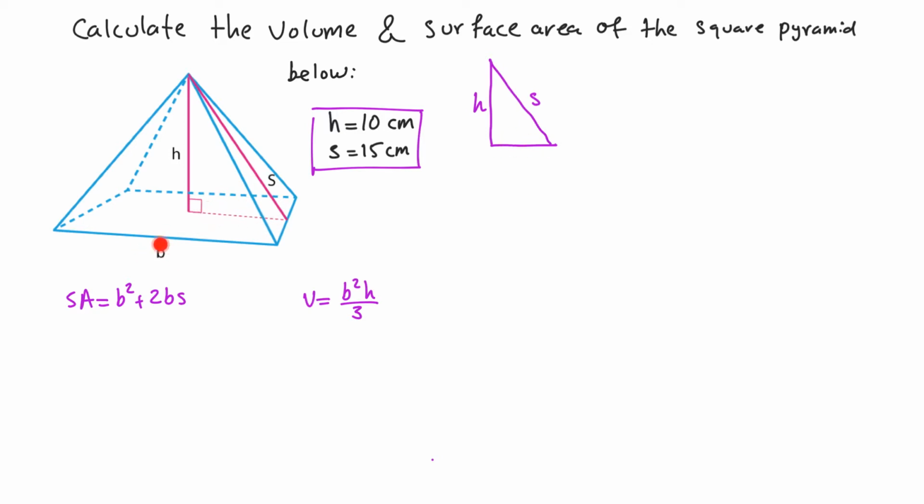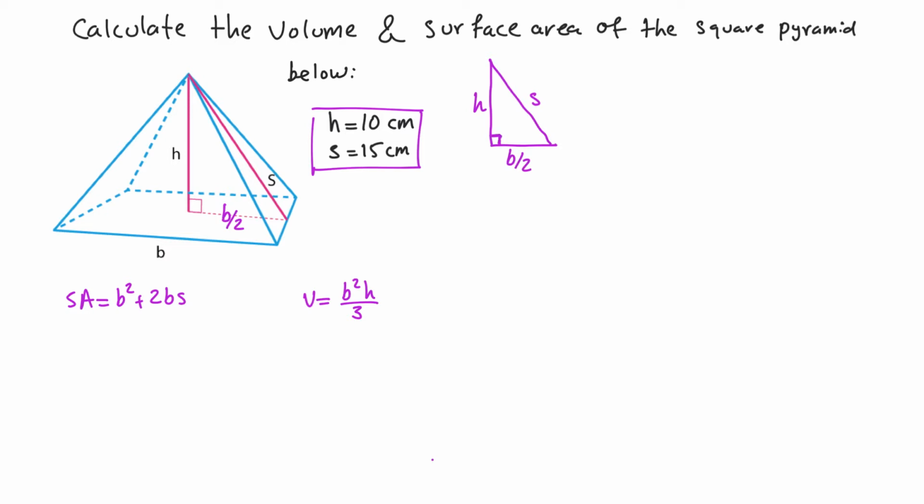However, it's not the B value, because the B value is the whole length, but this is actually going from the top to the center, and if it's the center, that means this length over here must be B over 2, or B divided by 2. So I'm going to put that down over here, and I'm going to put a right angle triangle over there.